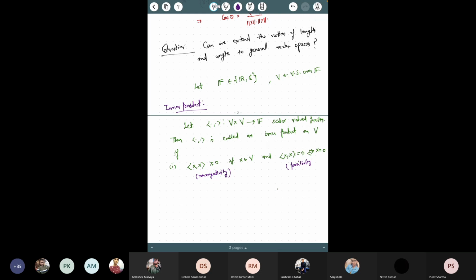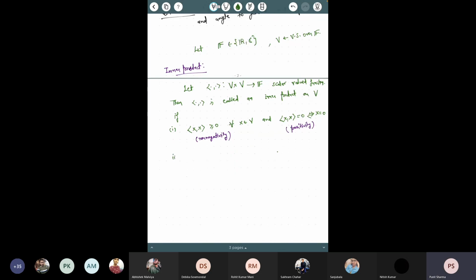The second one is that the product of x with y is the same as the product of y with x, conjugate. When I take the bar, that means it's the conjugate. Because this is just a scalar, I can talk about its conjugate.